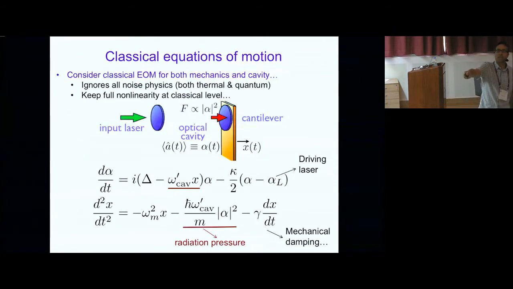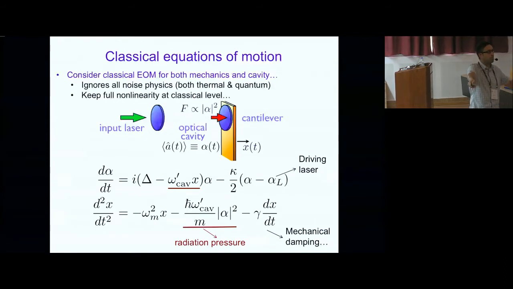I've changed notation a little bit. Alpha now is the average value of the photon lowering operator. I'm working with mechanical position as opposed to the average of the mechanical lowering operator. These things are really equivalent. For the optomechanical coupling, as opposed to talking about this g, I've just written the derivative of how the cavity frequency depends on x.